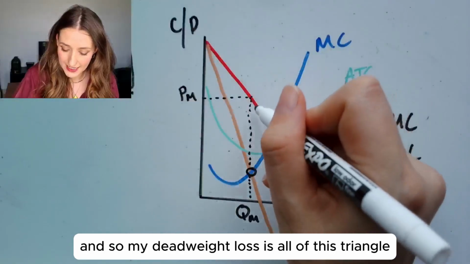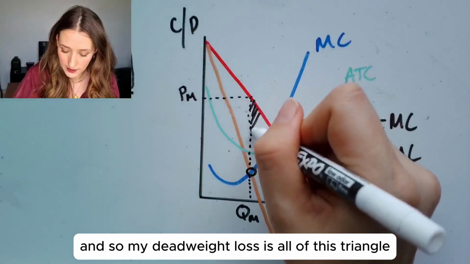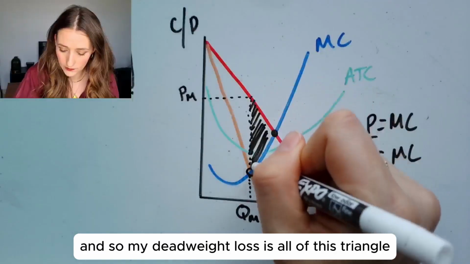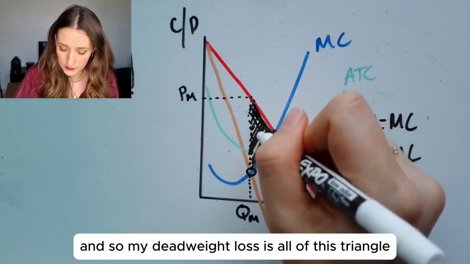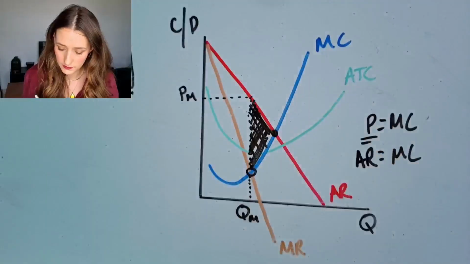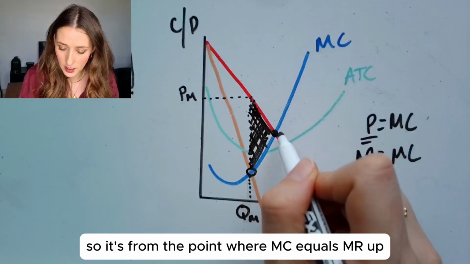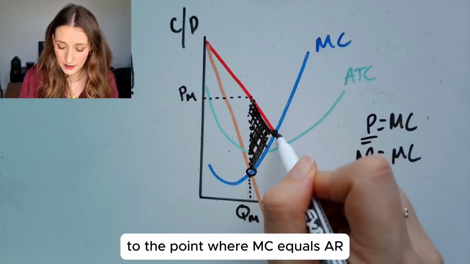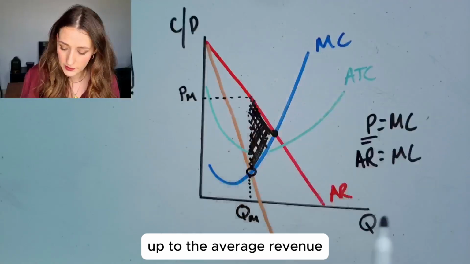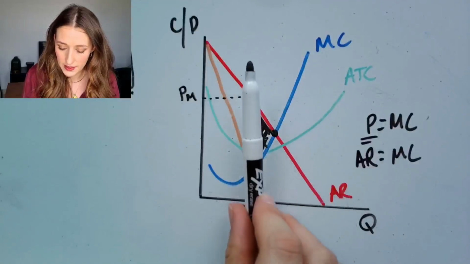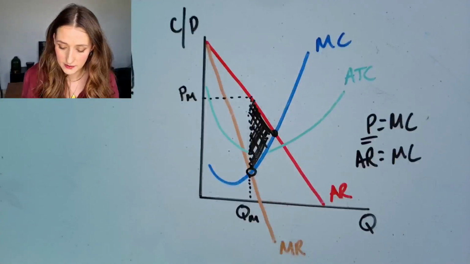And so my deadweight loss is all of this triangle. So it's from the point where MC equals MR, up to the point where MC equals AR, up to the average revenue that's directly above the quantity.